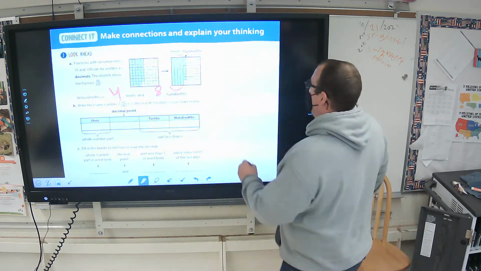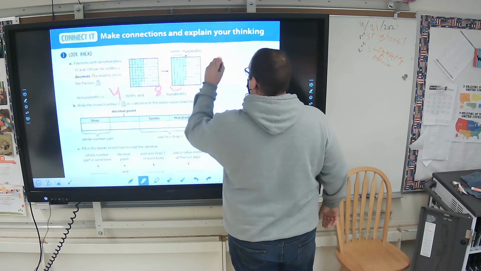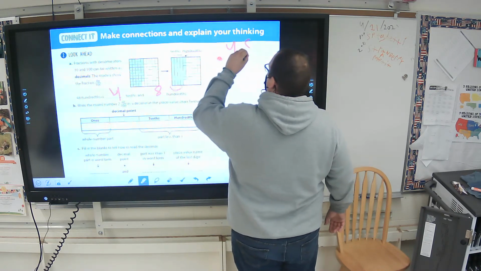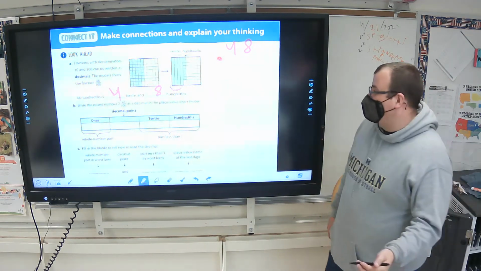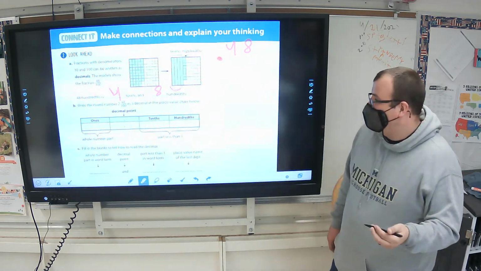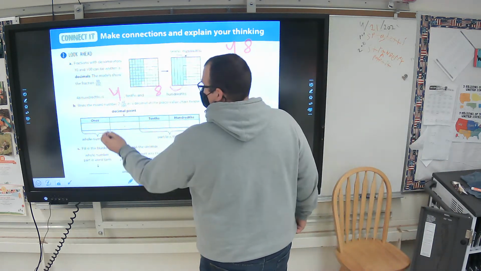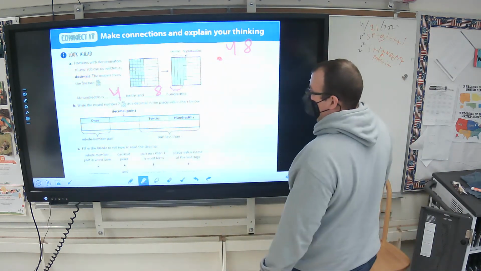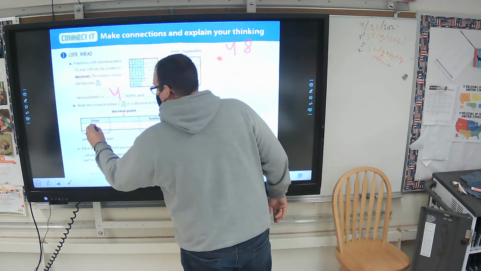So this decimal point is really 4 in the tenths, 8 in the hundredths. And in turn, when we write it as a mixed number, we have 2 and 48 hundredths. What's in the ones place here? The 2.